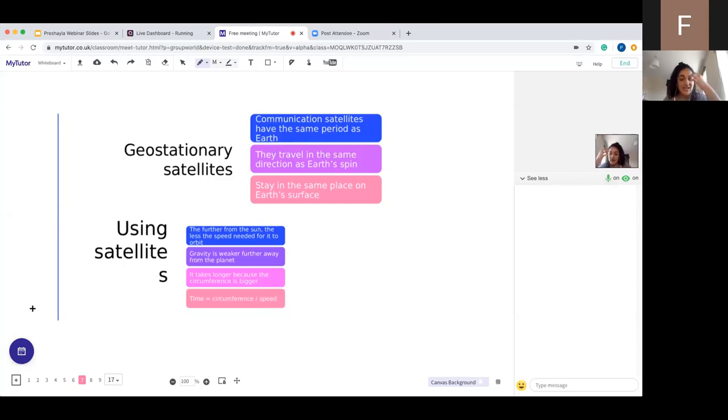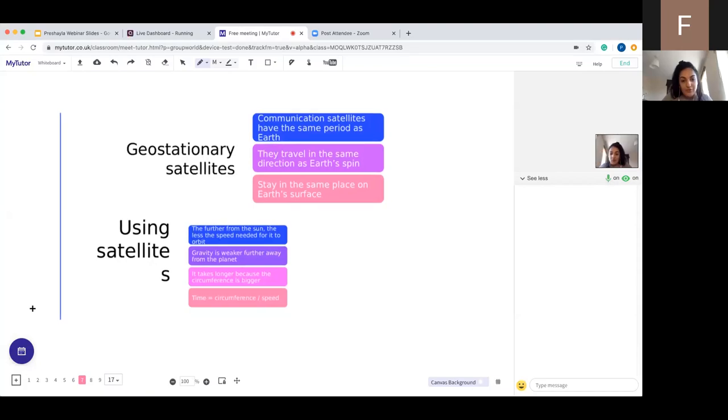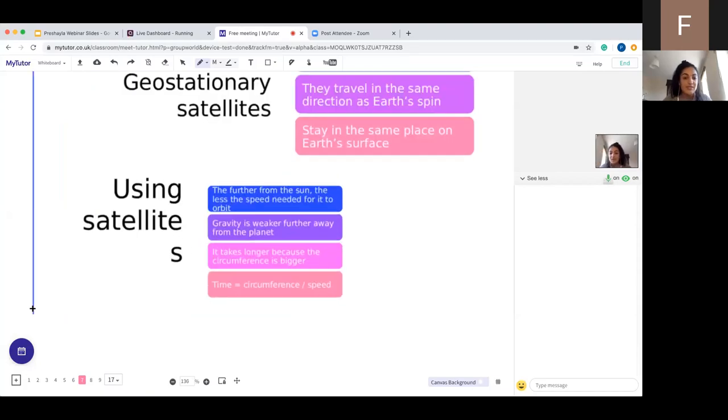More generally then, for using satellites, the further away from the sun, the less speed we need for it to orbit, because gravity is weaker further away from the planet. And therefore, if we're further away, it takes longer because the circumference is bigger. And the way that we can work that out is time equals circumference divided by speed.